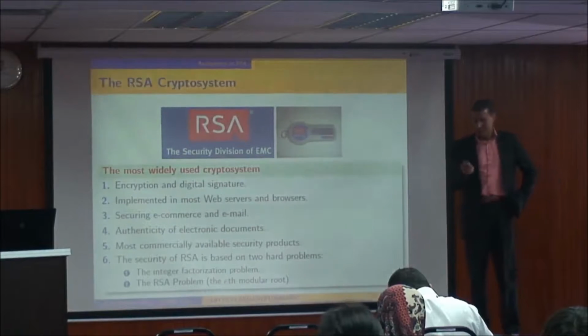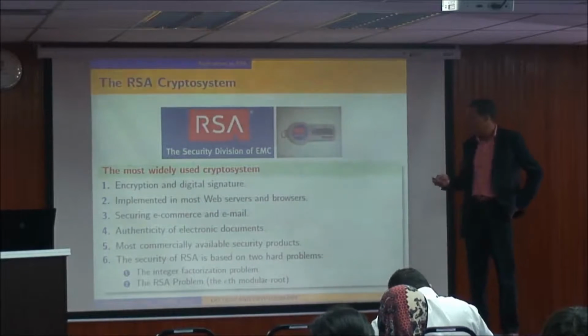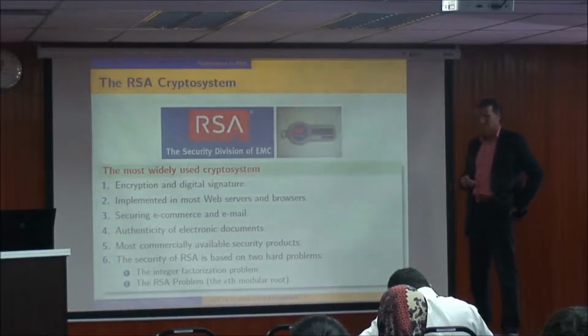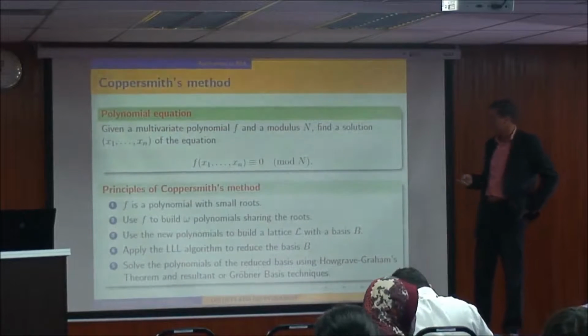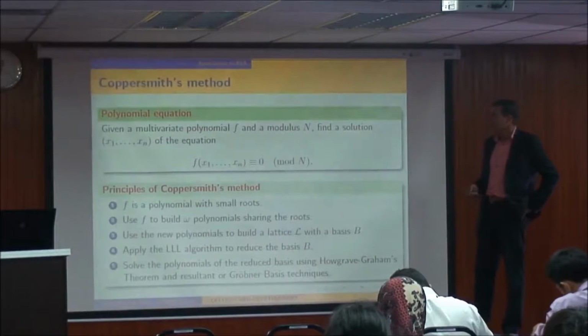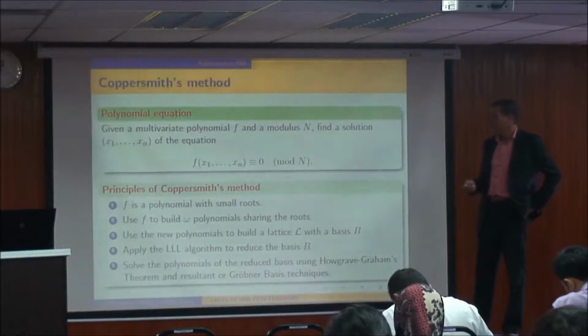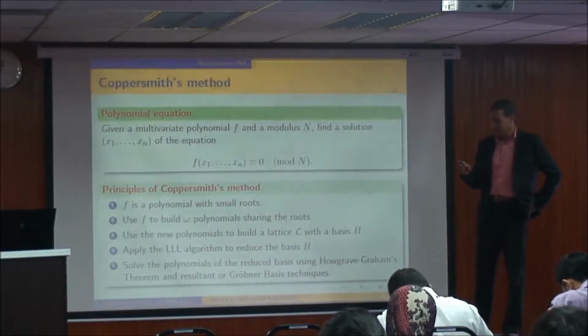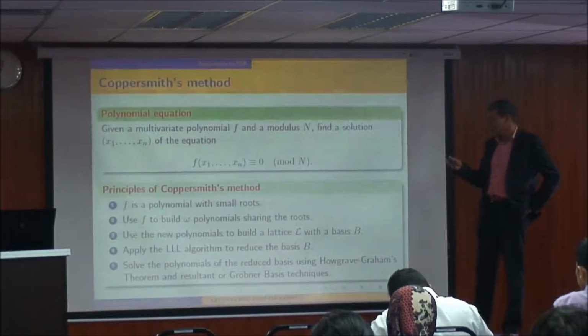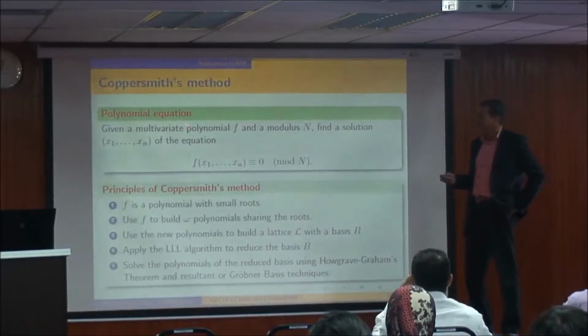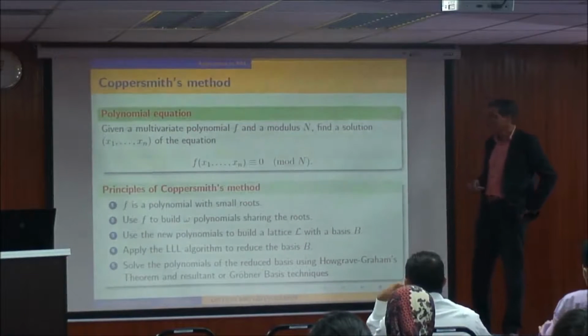So RSA is famous because it's used by almost everyone when security is a problem, and LLL can be used to attack the RSA scheme. For example, we can use the LLL algorithm inside the Coppersmith method. Coppersmith method is a method to solve mainly Diophantine equations.